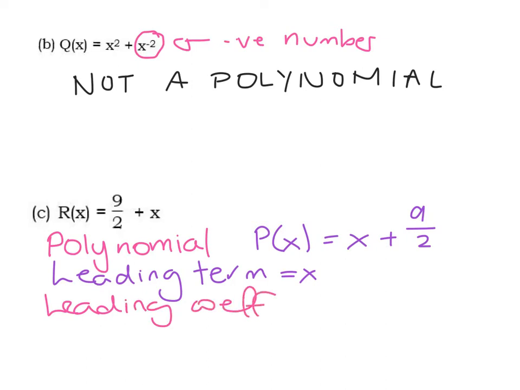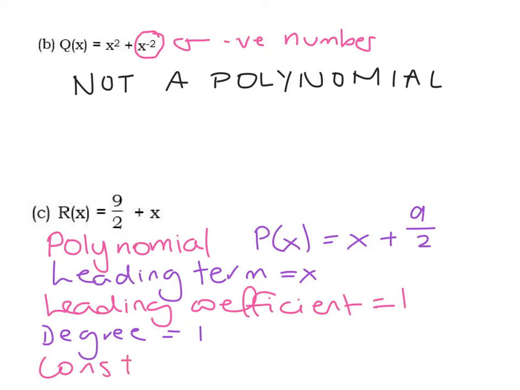The leading coefficient is the coefficient of x, which is just 1. The degree, the power of x, is 1. The constant is the term that doesn't contain an x, so that'll be 9/2. And the coefficient of the highest power is 1, so we would classify this as a monic linear function.